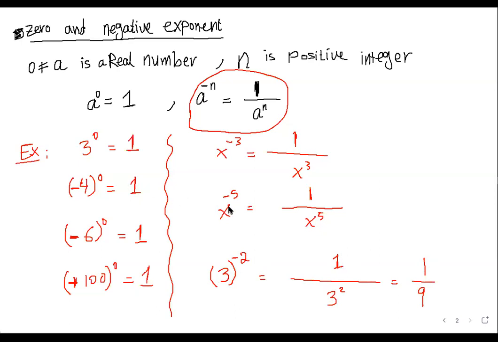Okay. So again, any real number to the power 0 is always 1. Any real number to a negative power is equal to 1 over the positive power.